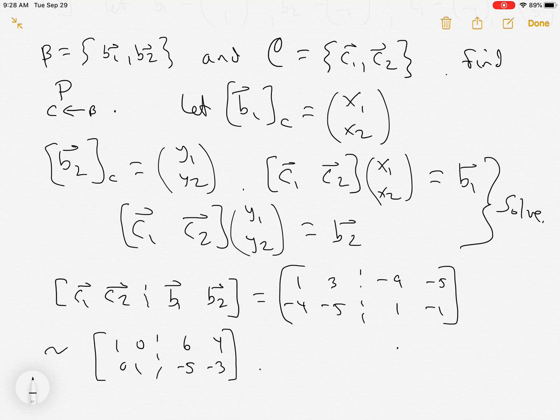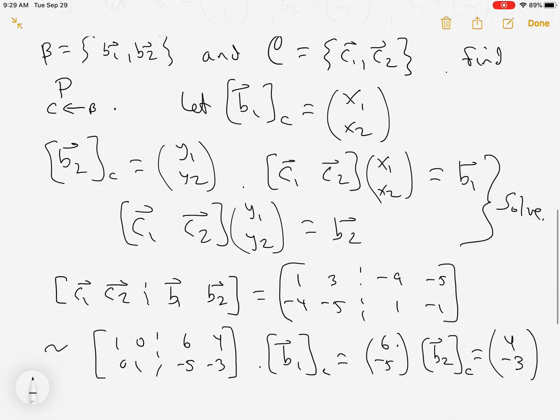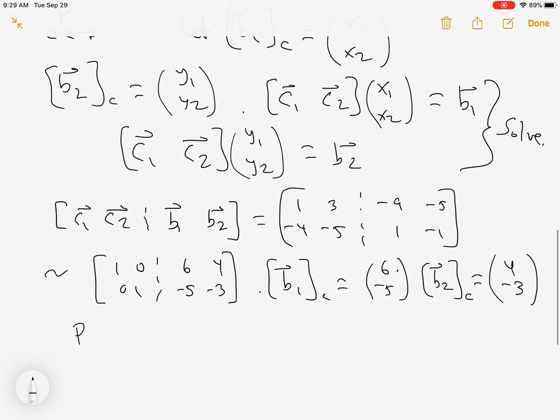Okay. So B1 in the C coordinates equals column 1 over here, 6, minus 5. And B2 in the C coordinates equals 4, minus 3. And so here's the change of basis matrix.